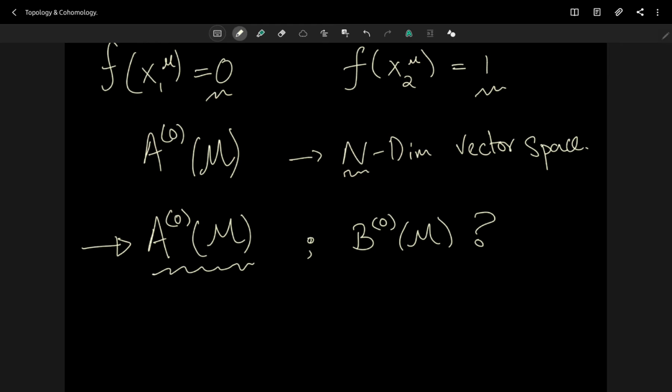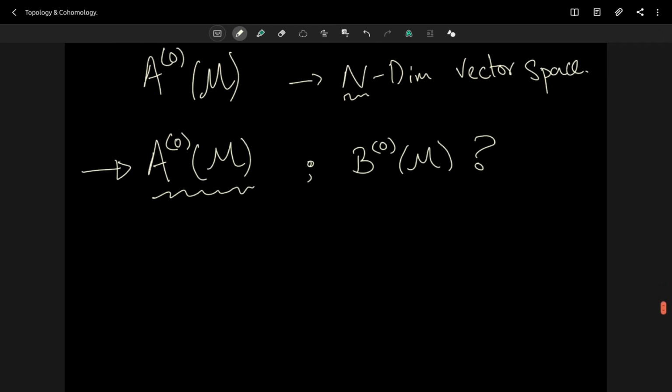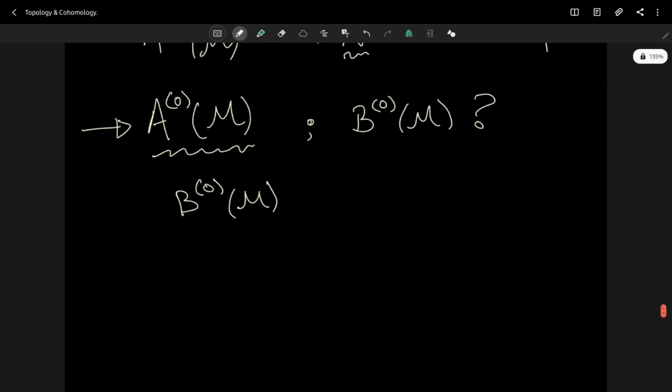Well, it turns out that for the zeroth cohomology, B0 of M would require that B0 should be equal to d of C to the minus 1, in the superscript.